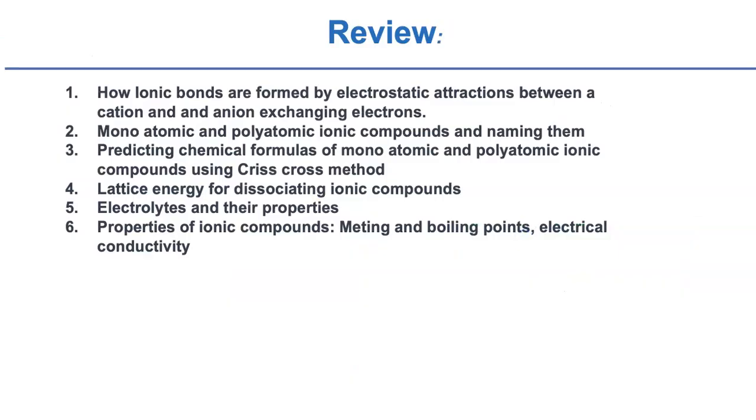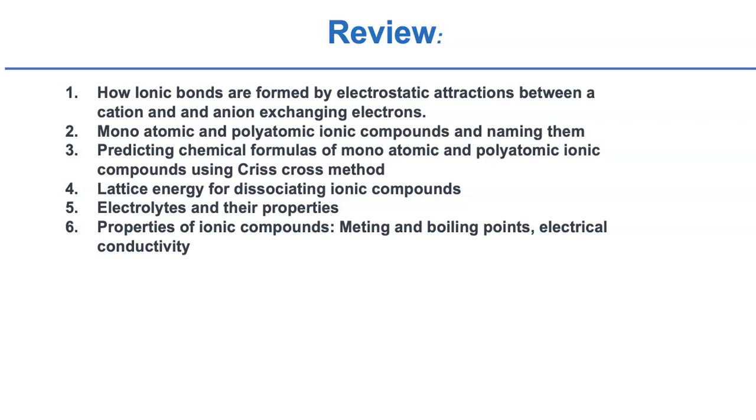A review. We looked at how ionic compounds are formed by electrostatic attractions between a cation and an anion, exchanging electrons, monoatomic or polyatomic ionic compounds, and how to name them. We learned how to predict chemical formulas of monoatomic and polyatomic compounds using the crisscross method.